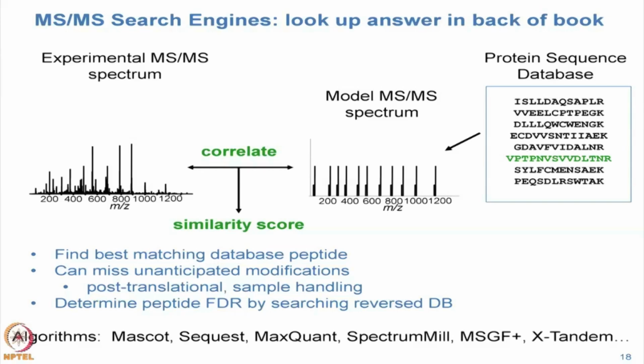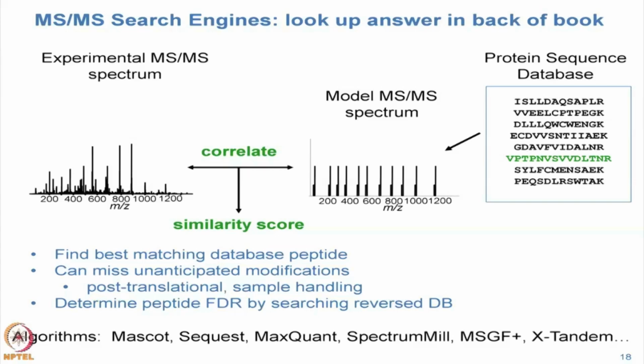You have to take those sequences and digest them into peptides, theoretically, and then you make a model spectrum from the sequence and match those two up. If you get a match, however you score it, then what you're looking for is the peptide in the database that gives you the best match.